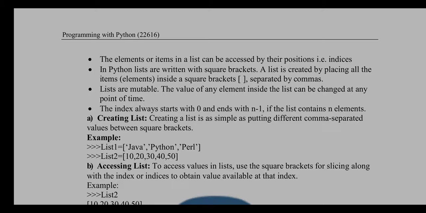We have specified three words here, Java, Python, and Perl, the languages, each within quotes and separated by commas. Those elements are specified in square brackets, so it is called a list. So list 1 is created, then list 2, which has all integer values.